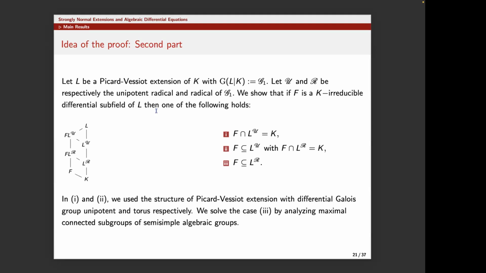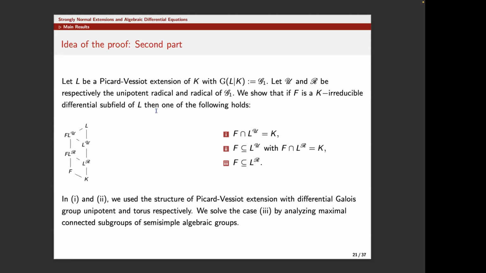So we handle these three cases with three different lemmas. In the first two cases we use the structure of Picard-Vessiot extensions with differential Galois group unipotent and torus respectively, and the proof is essentially finding some nice invariants satisfying some nice differential equation.